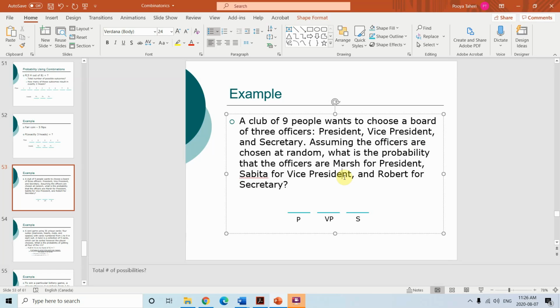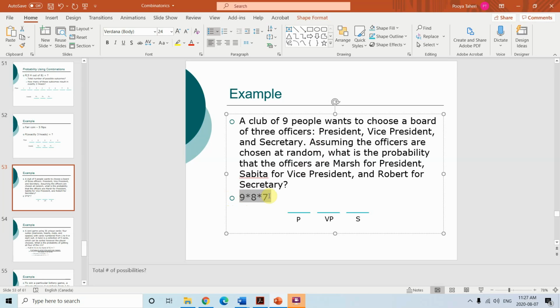Okay, so this is a probability problem. How many different options do we have to choose 3 people for these roles? For president, we have 9 options. For vice president, we have 8 options. For secretary, we have 7 options.